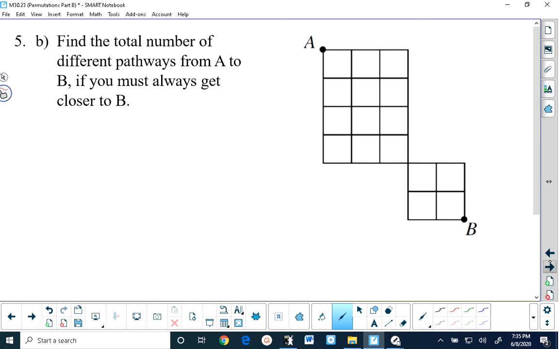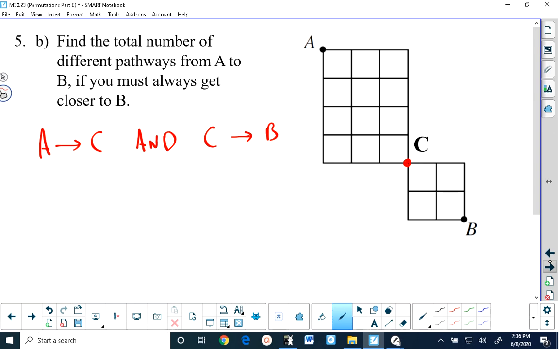Now B, what is the total number of pathways from A to B? Well, to go from A to B, you have to do a couple of things. One of the things you have to do is you have to go from A to C, and you must go from C to B. This is exactly the same as saying Bobby Bear must choose a shirt and a pair of pants.